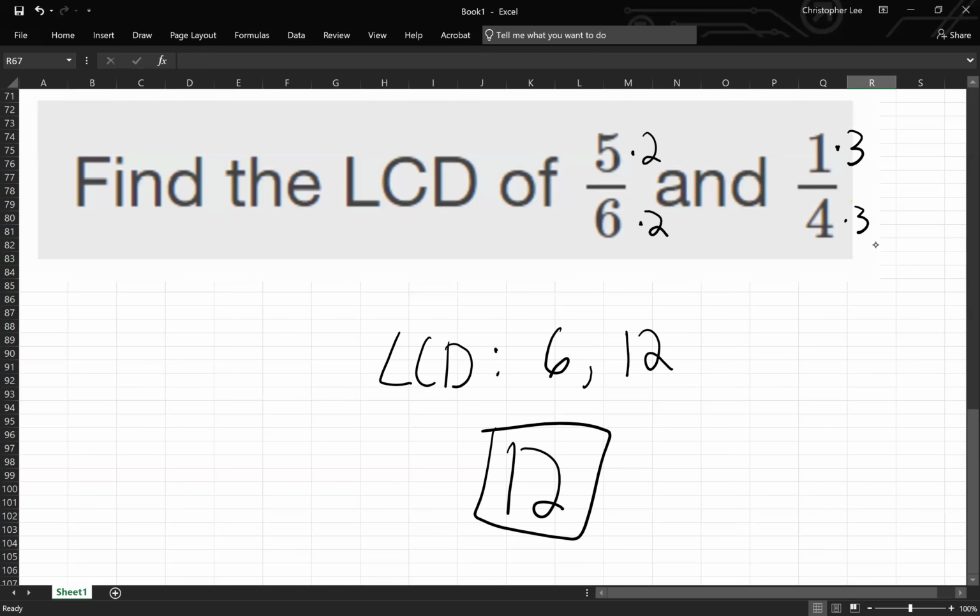But if they ask you another question, like say they wanted to add these or subtract these, then you have to know to do the LCD. If it's multiplication or division, then you don't need the LCD. Just addition and subtraction. All right. So we good? All right.